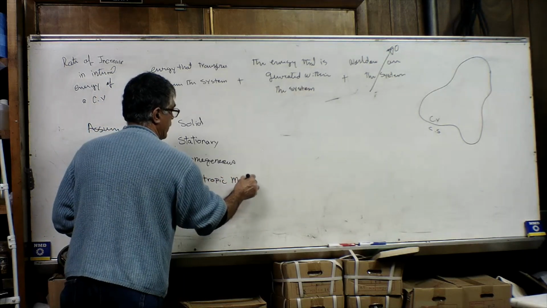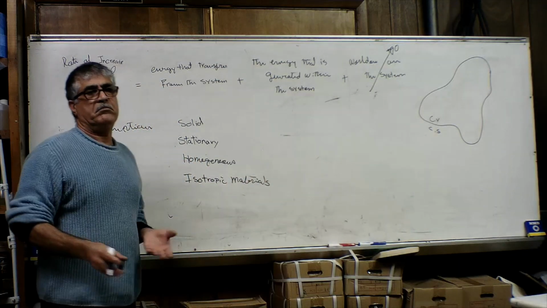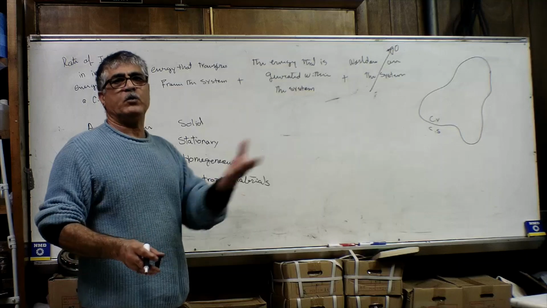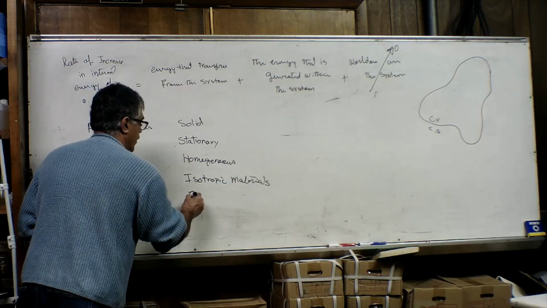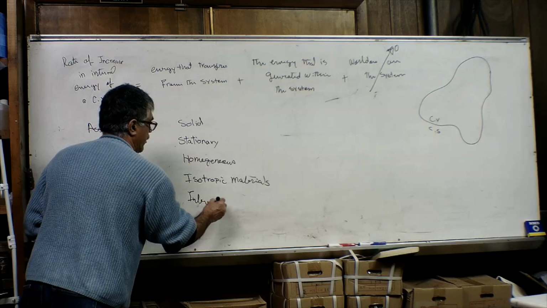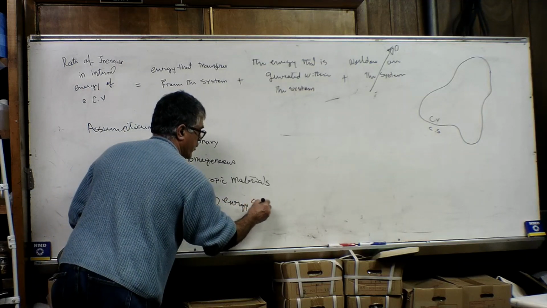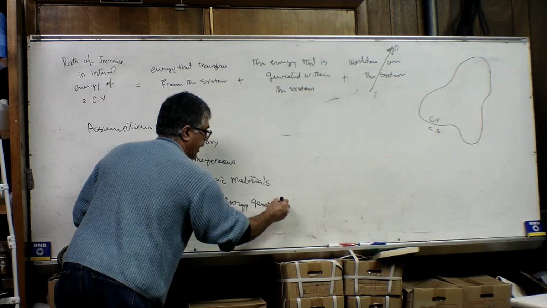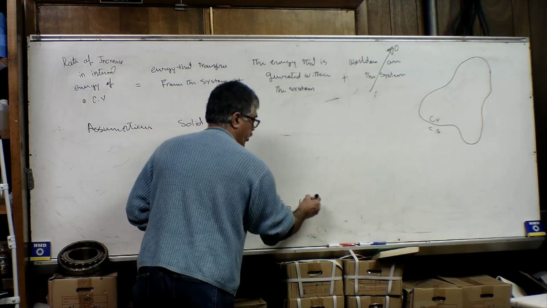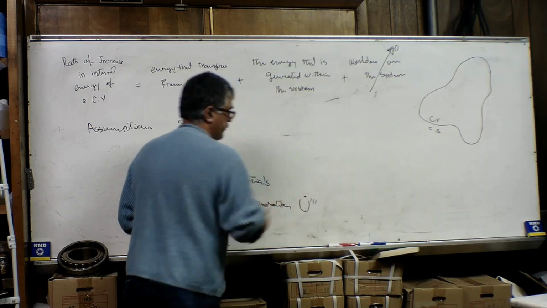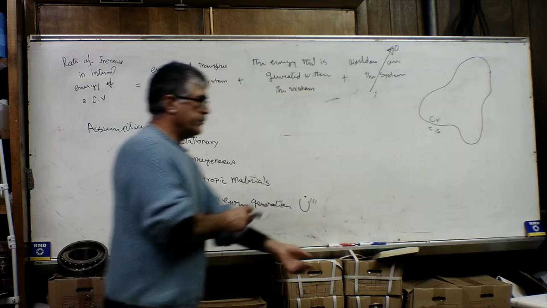And we have some sort of internal energy generation, and let's show that internal energy generation by U dot triple prime. So these are our assumptions.